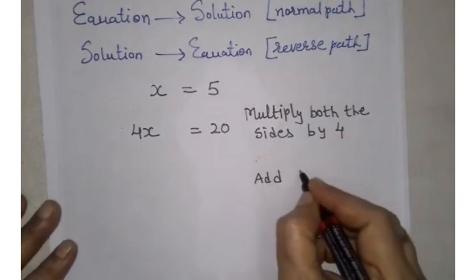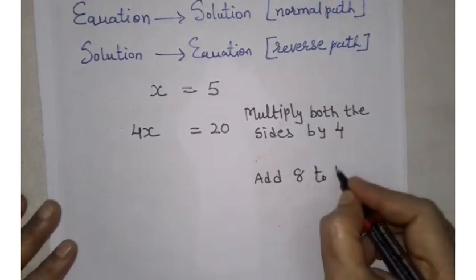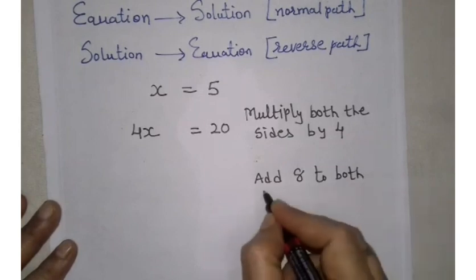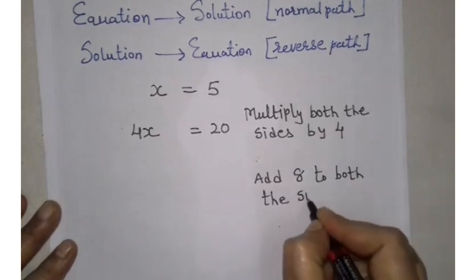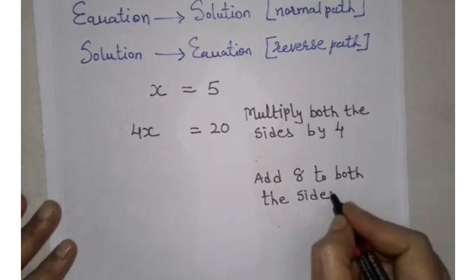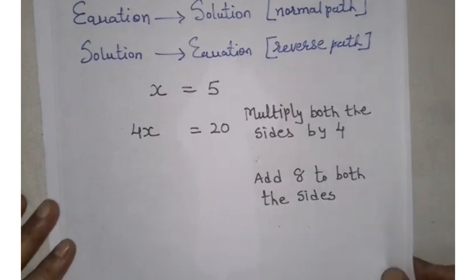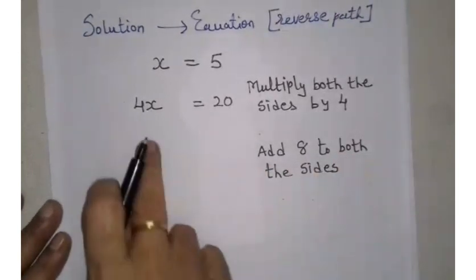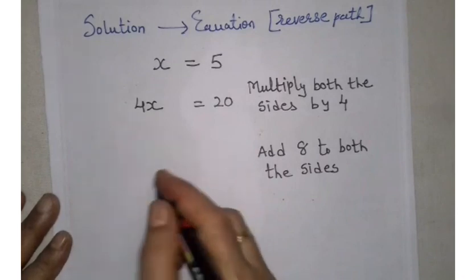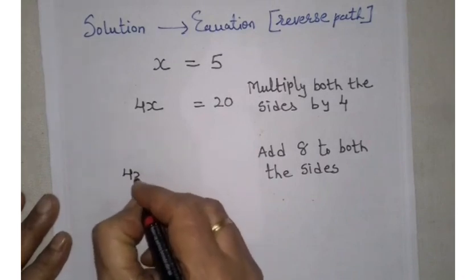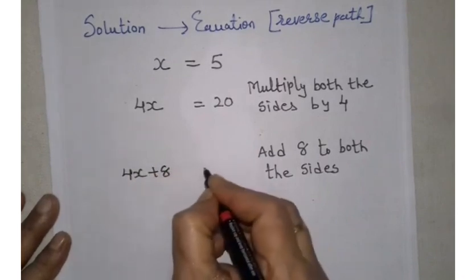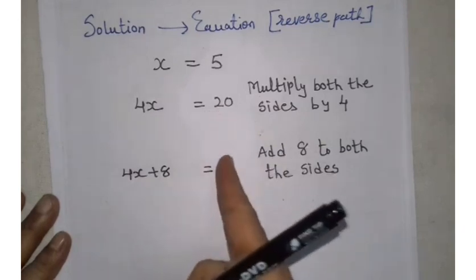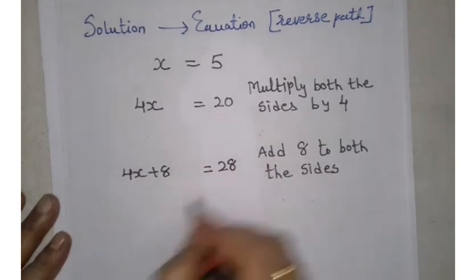Now the next step is add 8 to both the sides. Clear? Now what will I get over here? If I add 8 over here, 4x plus 8 is equal to 20 plus 8, 28.